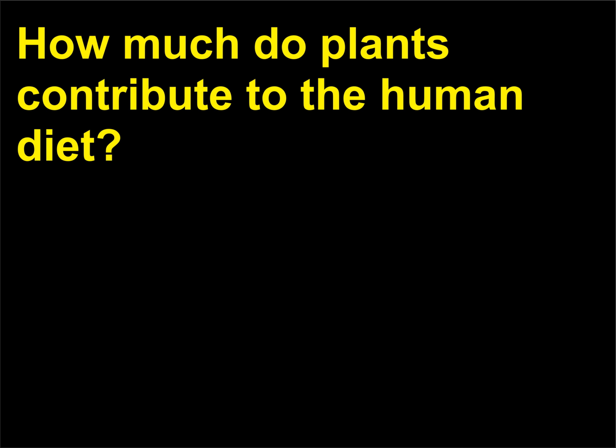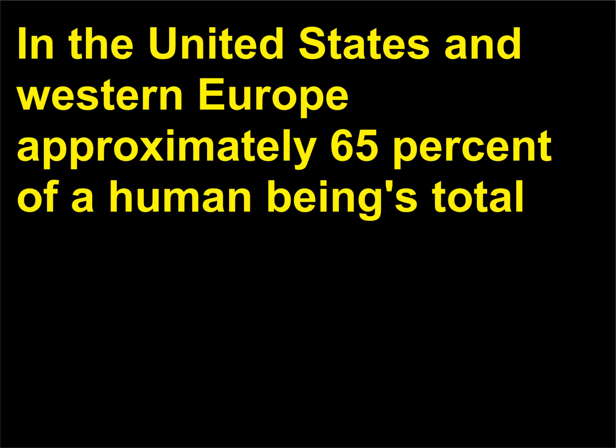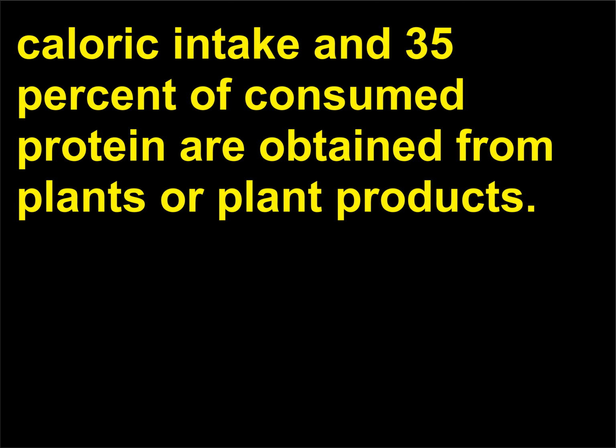How much do plants contribute to the human diet? In the United States and Western Europe, approximately 65% of a human being's total caloric intake and 35% of consumed protein are obtained from plants or plant products.